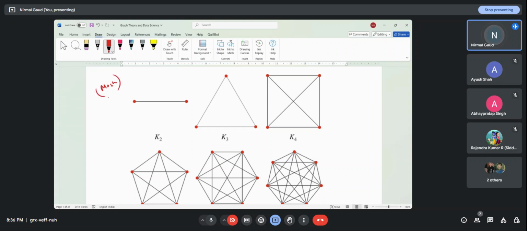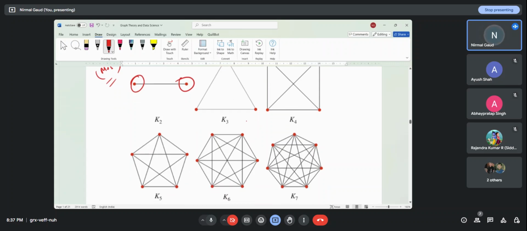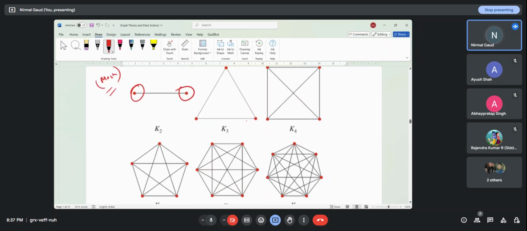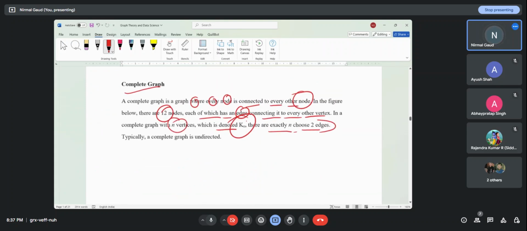We do study topology and networking, and mesh topology is where we connect every node to every other node. If I have two vertices, this is how they connect; with three, this is how they connect, every to every connection. You can see K2, K3, K4, K5, K6, K7. That's what they are saying, Kn.